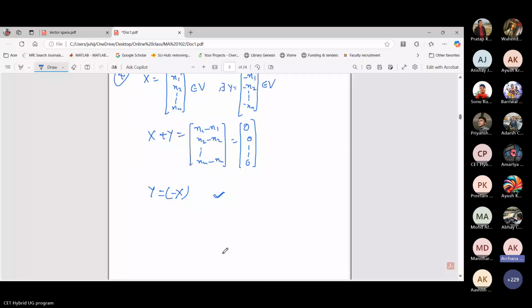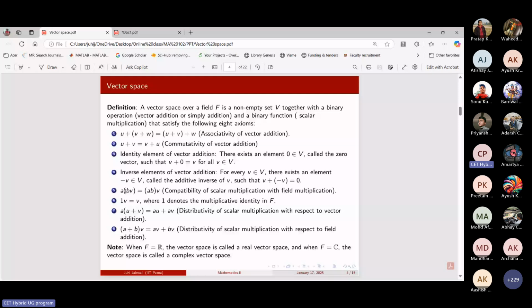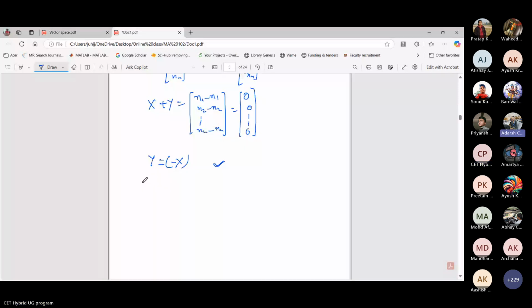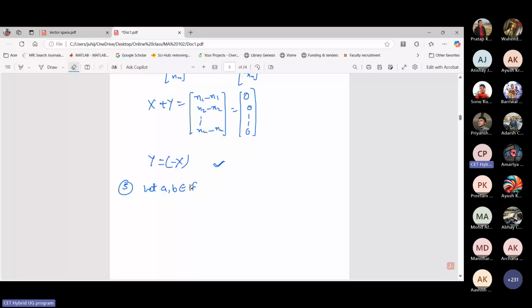Now fifth condition is what? A into B into V is equal to AB into V. For the fifth condition, let A and B be scalars. Scalars means members of the field. Here we have already taken F as R, so we'll write A, B in R. And x is a member of V, then A into B into x will be what?